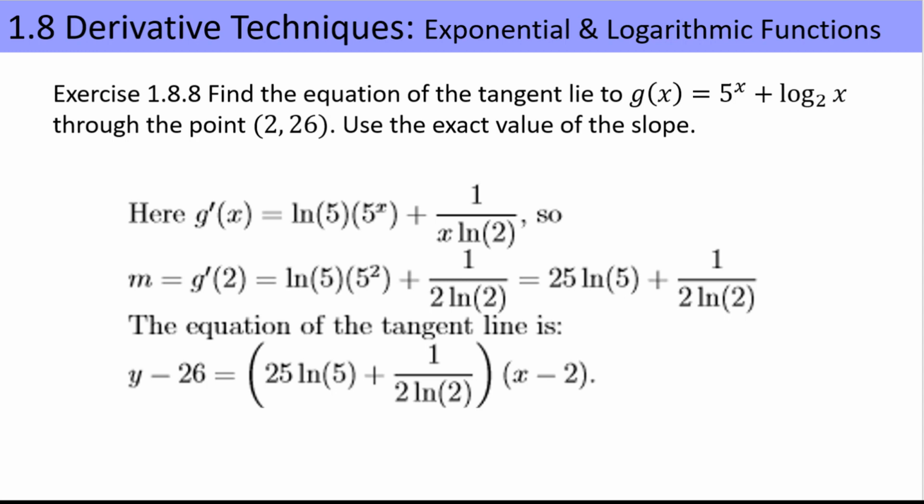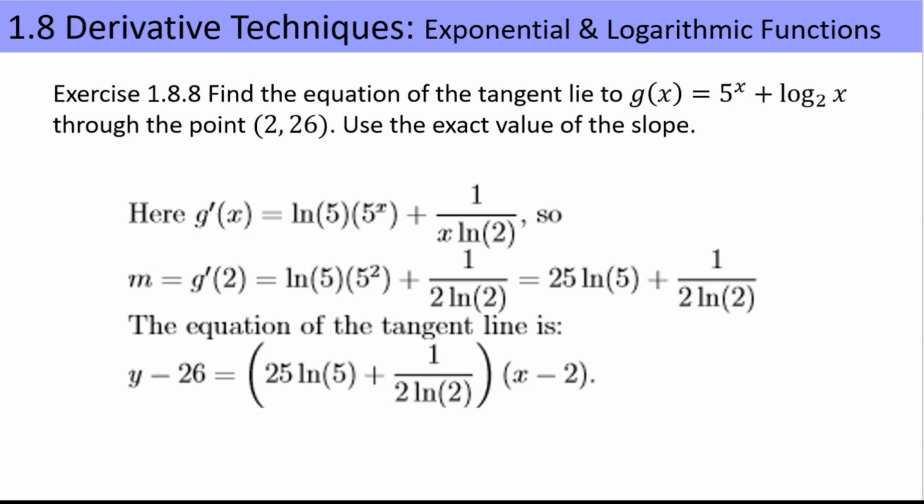That would be equal to the natural log of 5 times 5 squared plus 1 over 2 times the natural log of 2. In exact form, 5 squared is 25, so 25 times ln of 5 plus 1 divided by 2 ln of 2. We have a point, that's (2, 26).